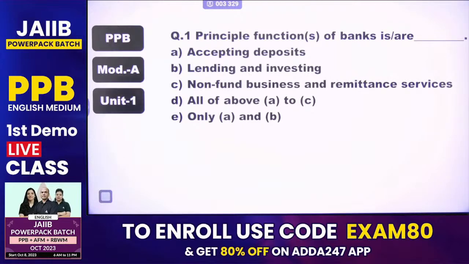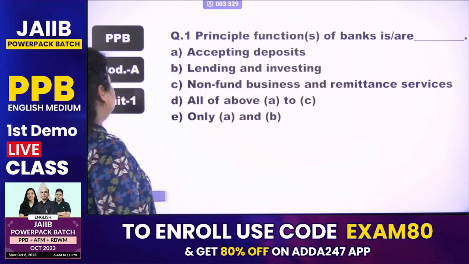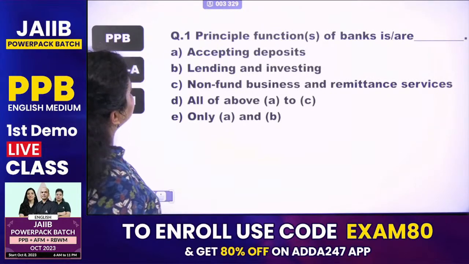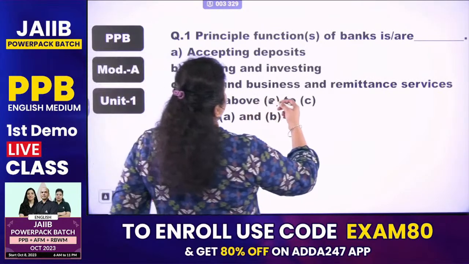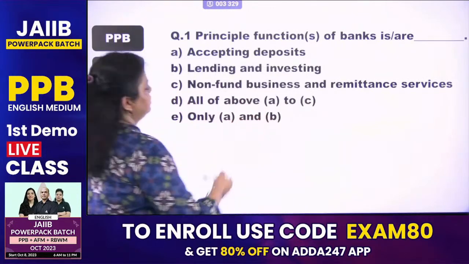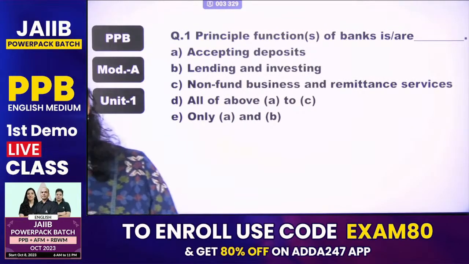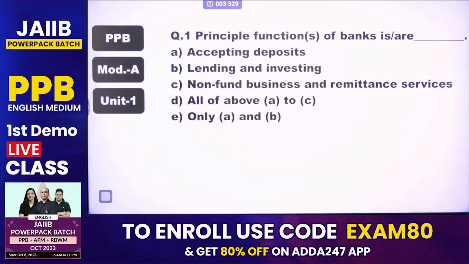Is it accepting deposit, second is lending and investing, third is non-fund business and remittance services, fourth is all of the above, and the fifth one is only A and B. So what do you think, which of the following is a principal function of a bank?